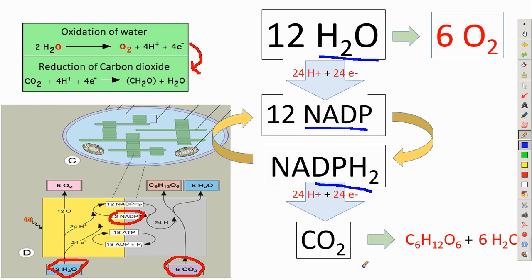So this is a more detailed view now, is that electrons are transferred from water to NADP. NADP becomes NADPH2, and NADPH2 transfers its electrons to CO2. This is a first level where NADP is an intermediate.